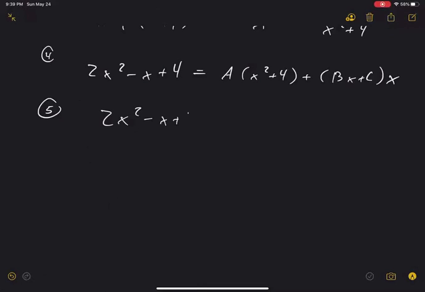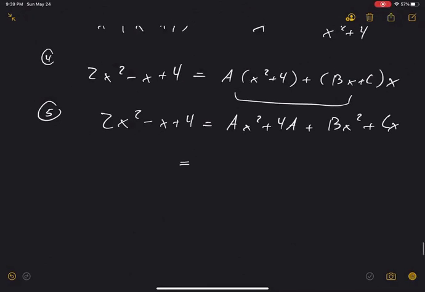I'm going to rewrite my left side. On the right side, I'm going to multiply everything out. So I would get Ax squared plus 4A, and then I would also have Bx squared plus Cx. Now I'm going to regroup by powers of x. I'm going to get all my x squareds together, so I have Ax squared here and Bx squared here.